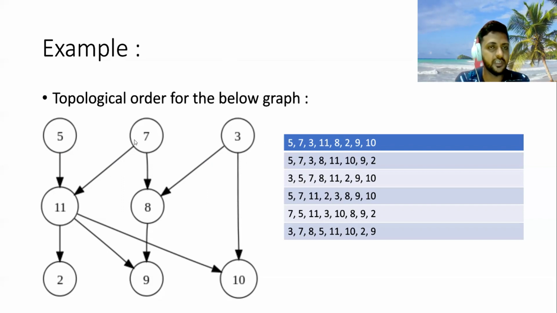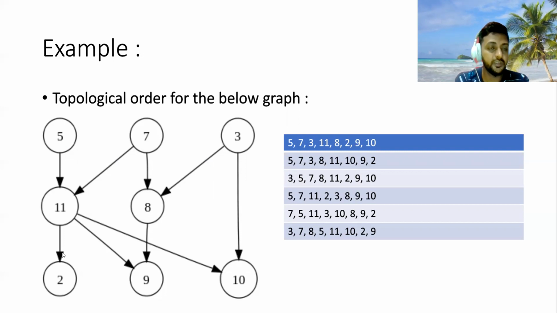Let us jump to the second edge, 7 to 11. It means 7 should also come before 11. 7 is coming before 11. Yes, perfect. Now 7 to 8. It means that 7 should come before 8. Yes. Then 3 to 8. 3 should come before 8. Yes. So we will go to the next one.